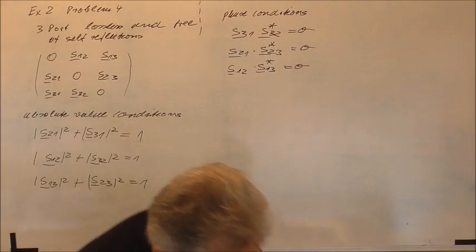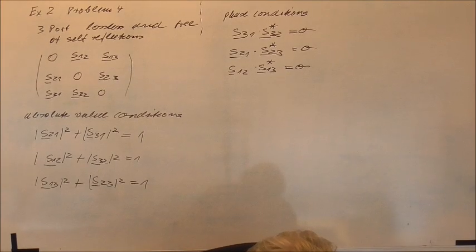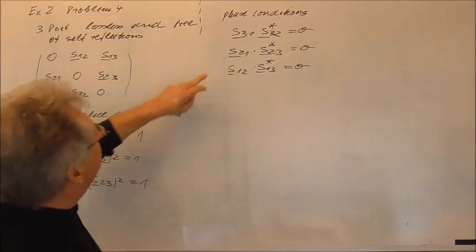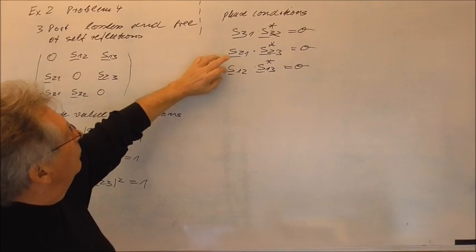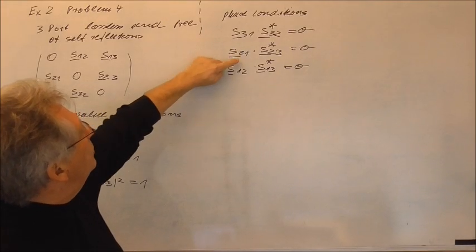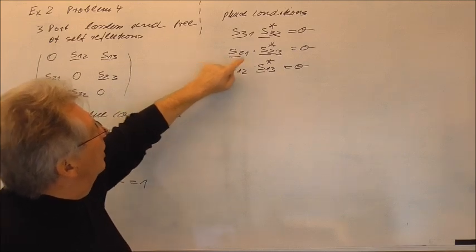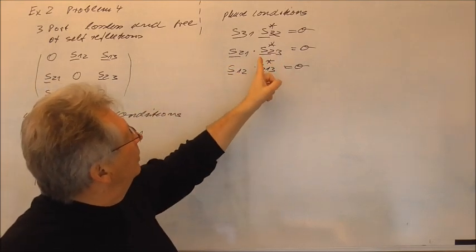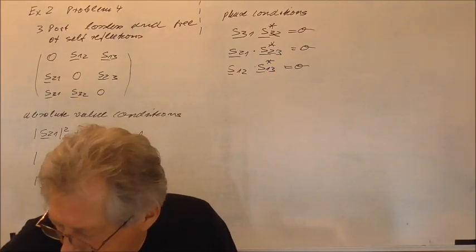And now you see, assume S21 to be unequal to 0. So you see, if S21, its absolute value, is unequal to 0, then you can only fulfill this equation if S23 is equal to 0.